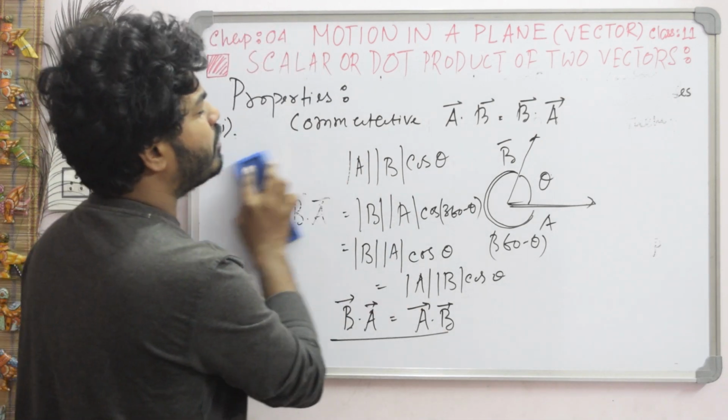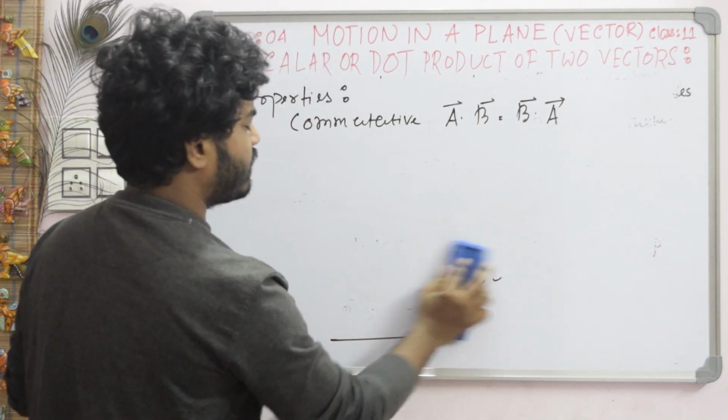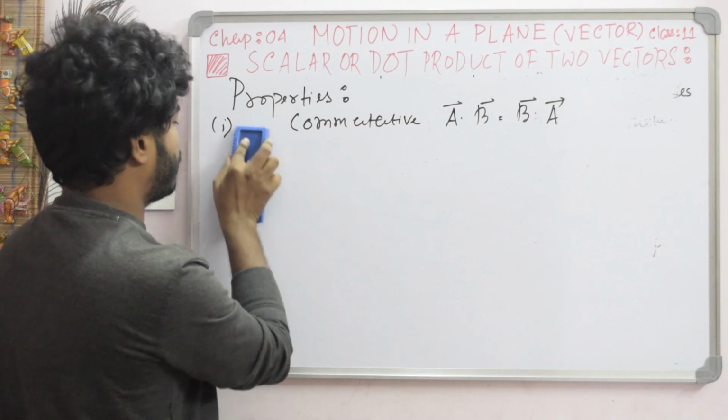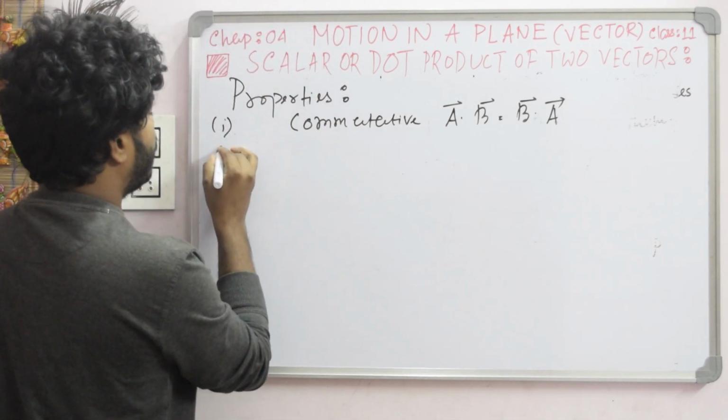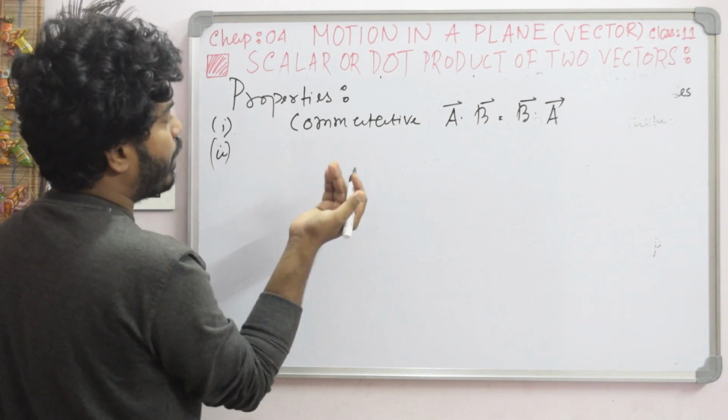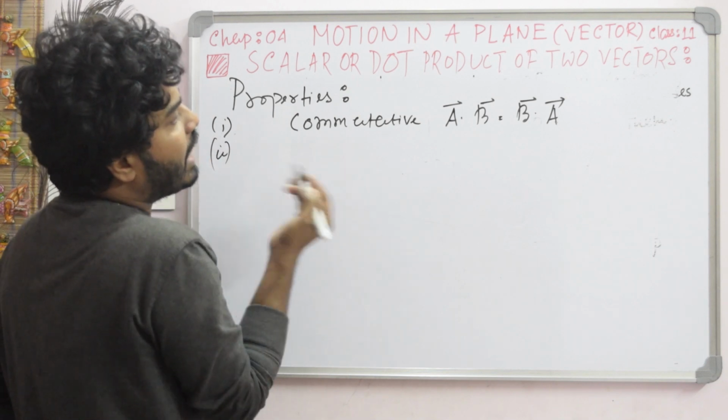Now the second point, write down: the dot product of two vectors obeys the distributive law over addition.